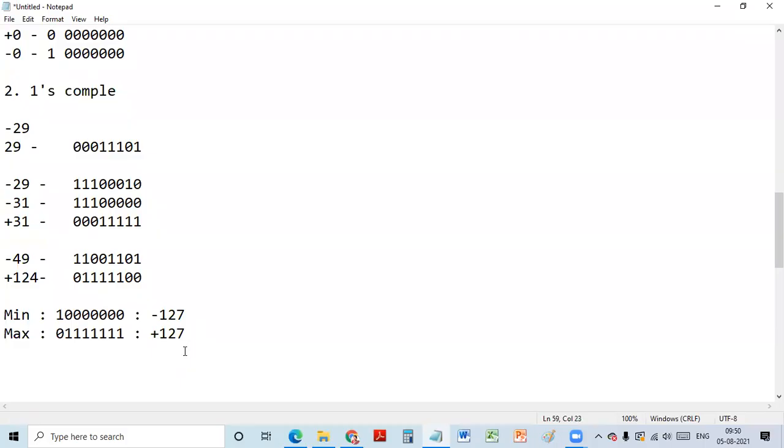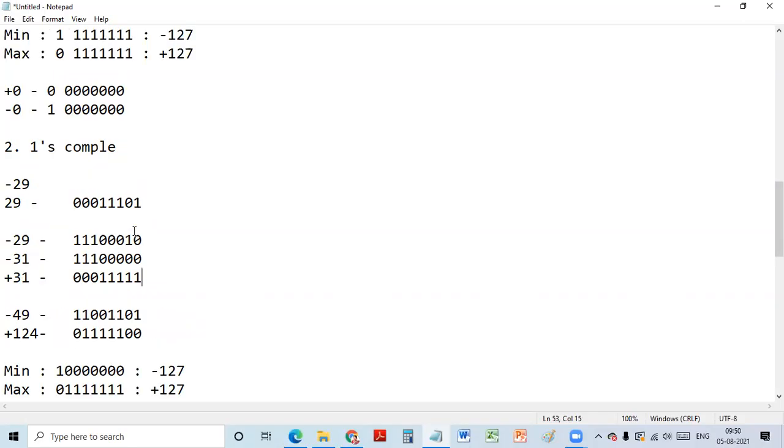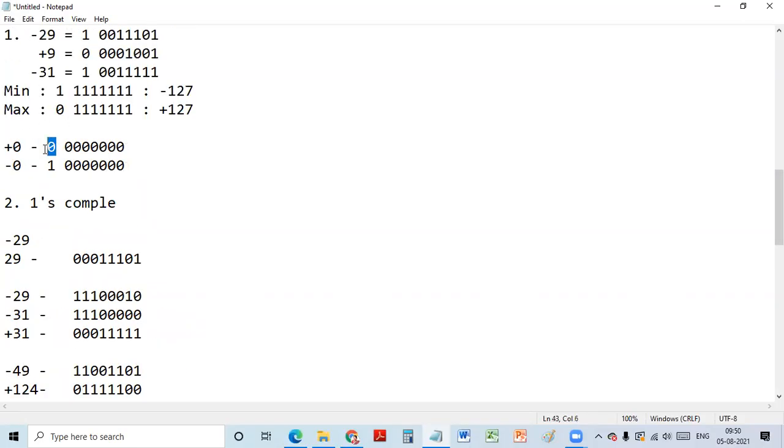But the advantage in 1's complement is, while operating, you need not separate the sign bit here. We will treat all the 8 bits commonly and perform the operation. But in case of sign magnitude, the sign bit needs to be separated and only the magnitude will apply, right?